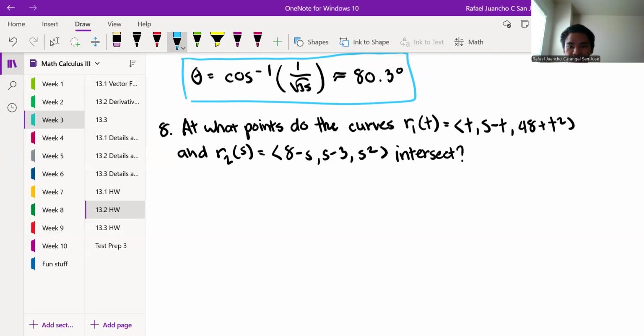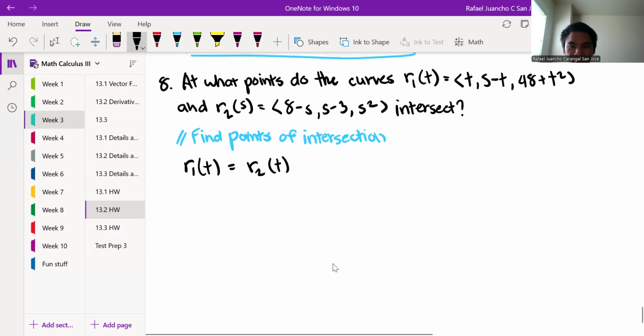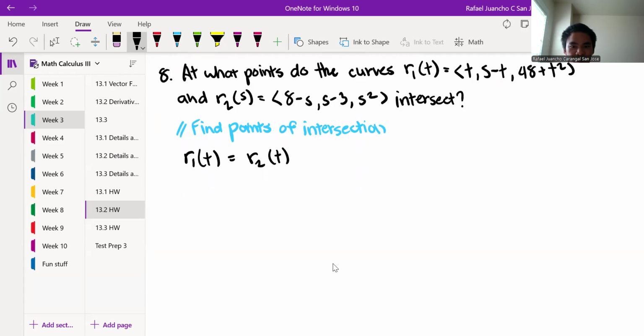I mean, there's really no other way to look at it. We just equate both of their component functions. So I'm gonna say, find points of intersection. R1 of t should be equal to R2 of t. I'm just gonna do them all in t. So we have t equals 8 minus t.